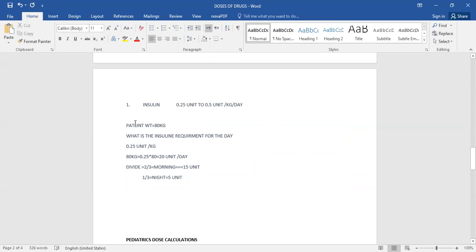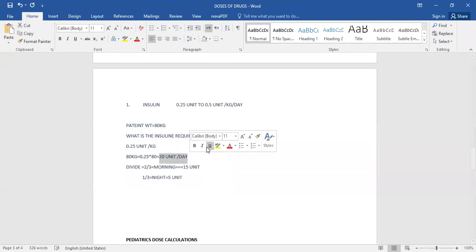If the patient is 80 kilograms, what is the insulin regimen for that day? Multiplying by 0.25, the answer is 20 units. If you want to start higher with 0.5 unit, the dose is 40 units per day.